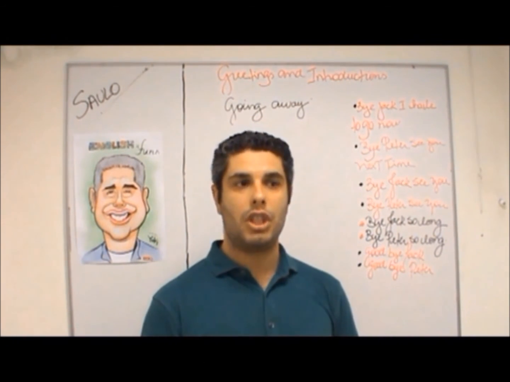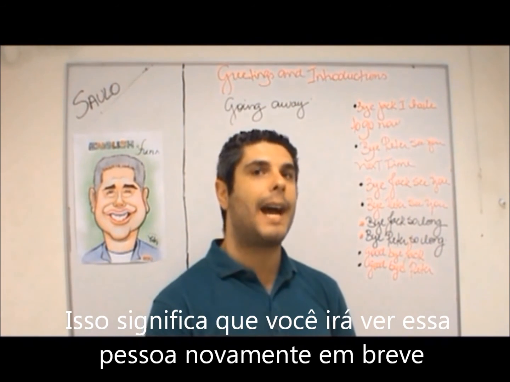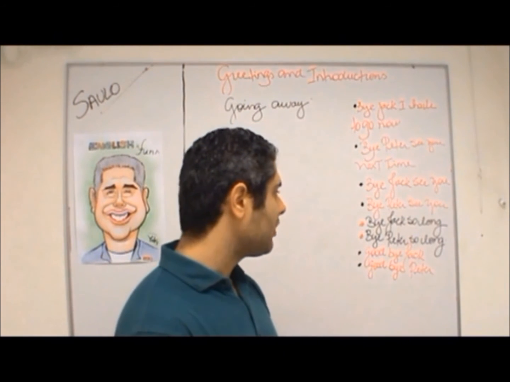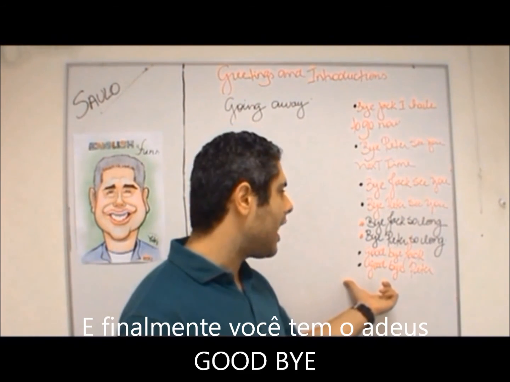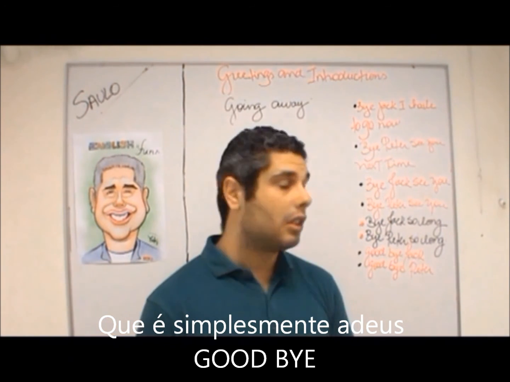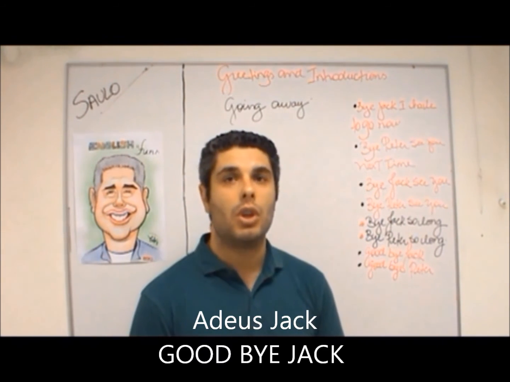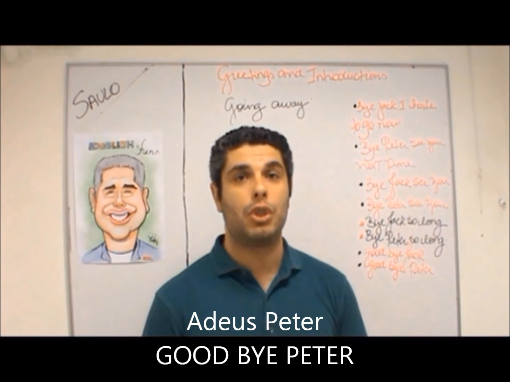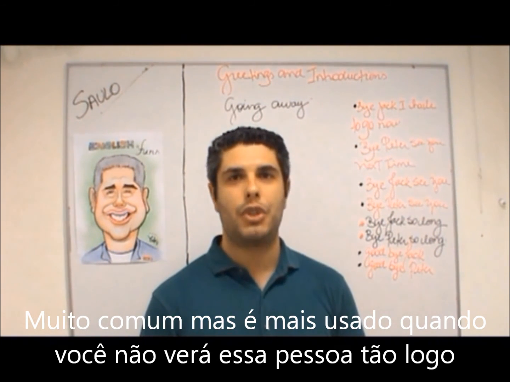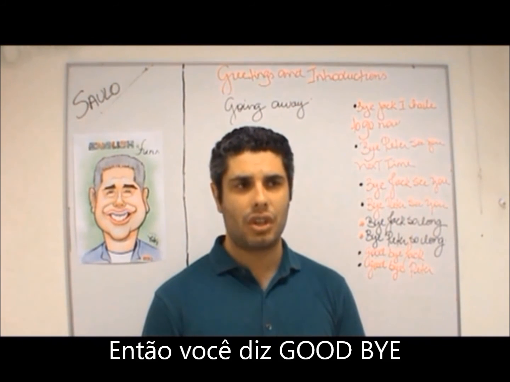It's saying that in the meantime, you are going to meet this person, okay? And finally you have goodbye. You just say goodbye. So goodbye Jack, goodbye Peter. It's very common to use, but it's more like when you want to see this person very soon, okay? So you say goodbye.